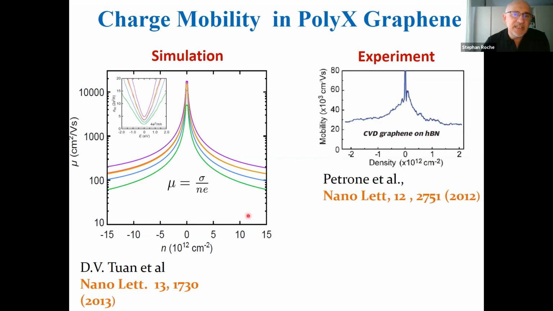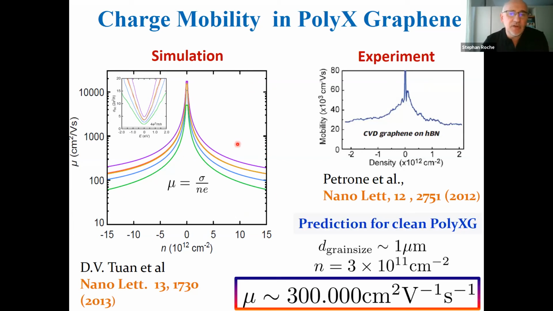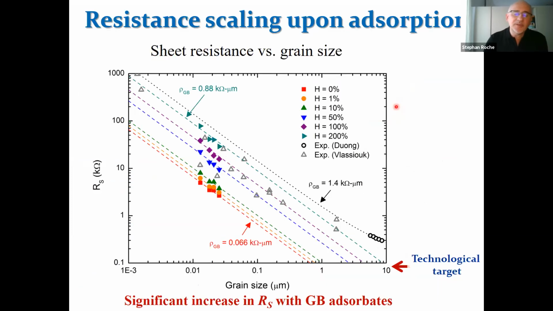And basically, we get a prediction about the case where the polycrystalline graphene is clean and typical for 1 micron, you get a mobility which is 300,000 centimeters square per volt per second, which is close to experiment.